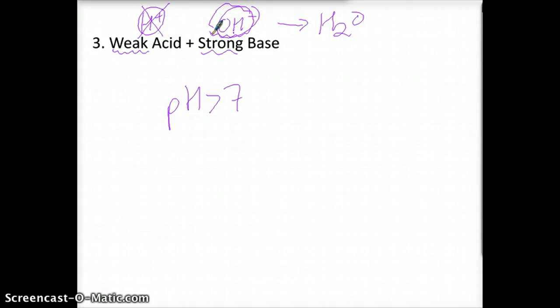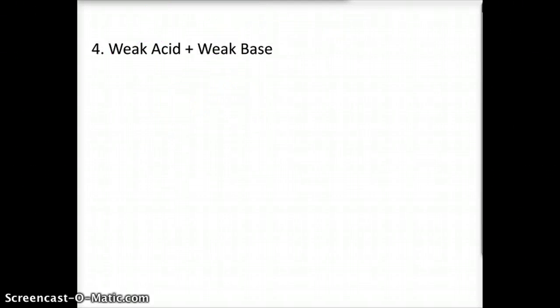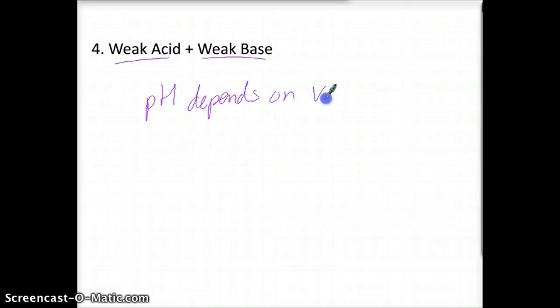And if there's leftover OH minus, that means the solution is basic, which means a pH that's greater than 7. Weak acids and weak bases are a special case where the pH you can't necessarily predict. It depends on volume and concentration, similar to, remember brackets mean concentration, the strong acid and strong base mixtures.